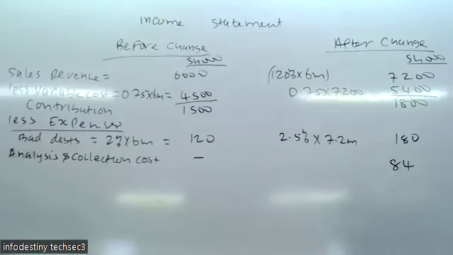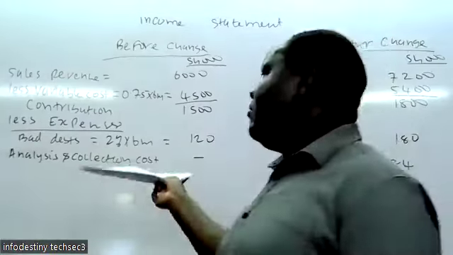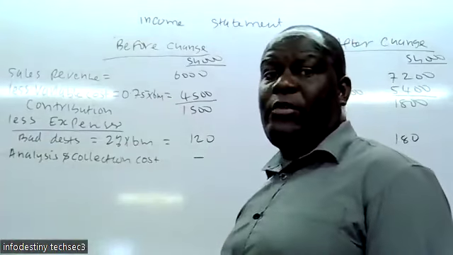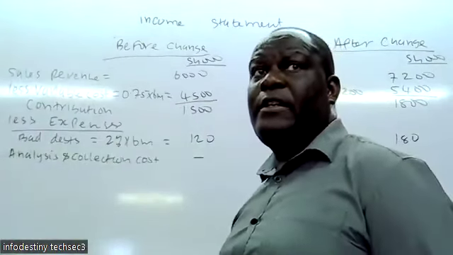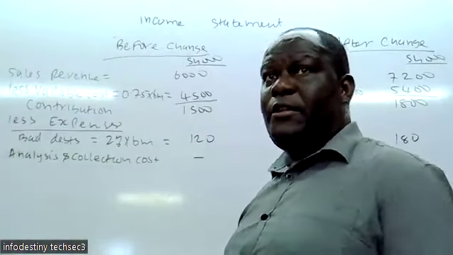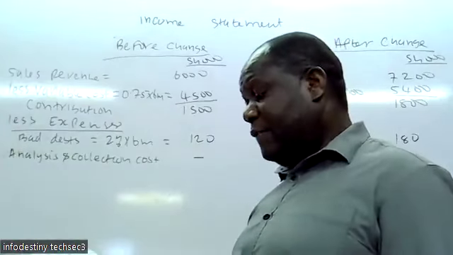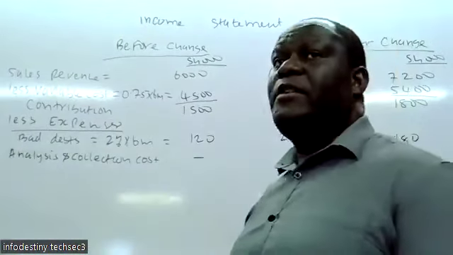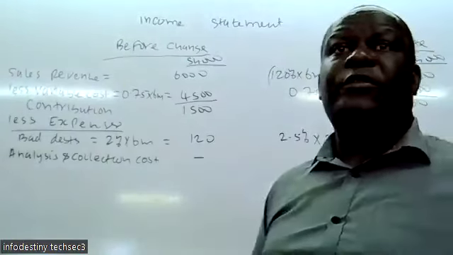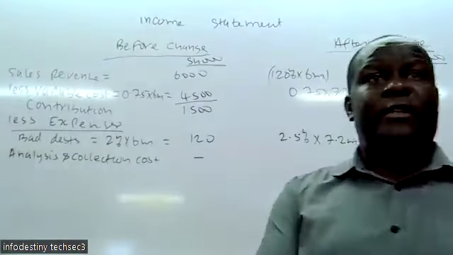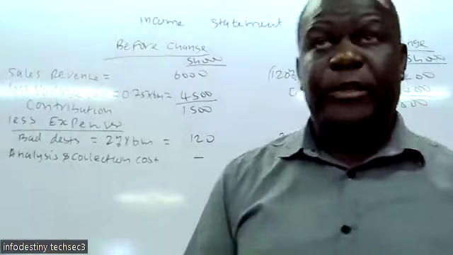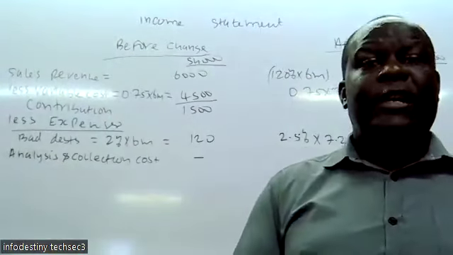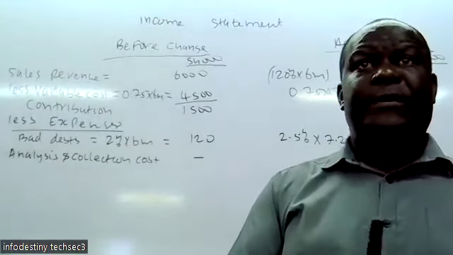So if there was any discount, we could have included it, but the questioner has not given us any discount. So that's now the expenses. Then apart from that, you remember you have sold goods on credit. The customer has not paid. So the customer is keeping your money.